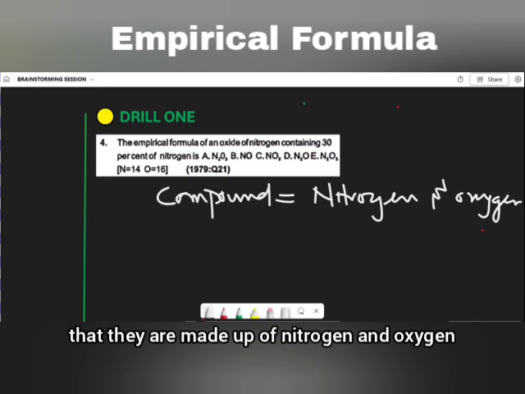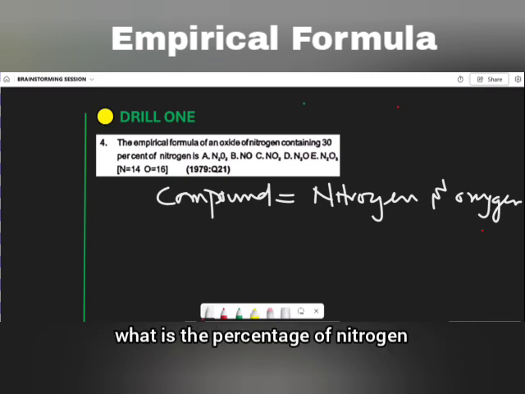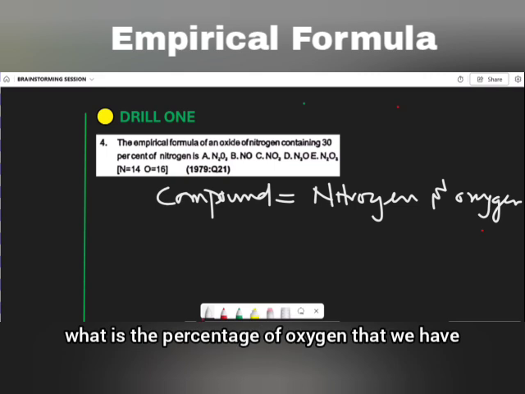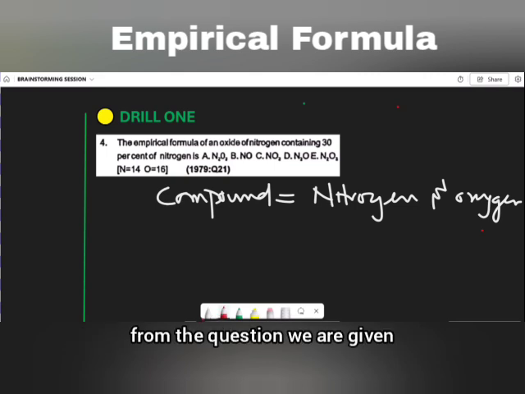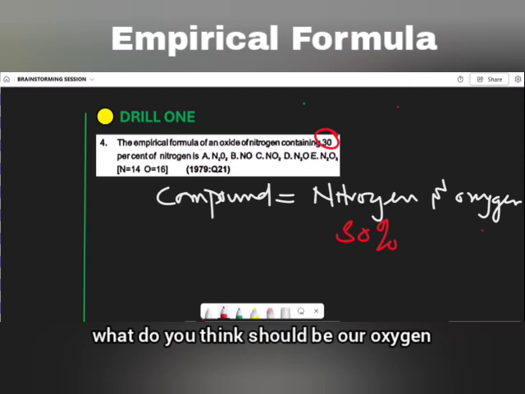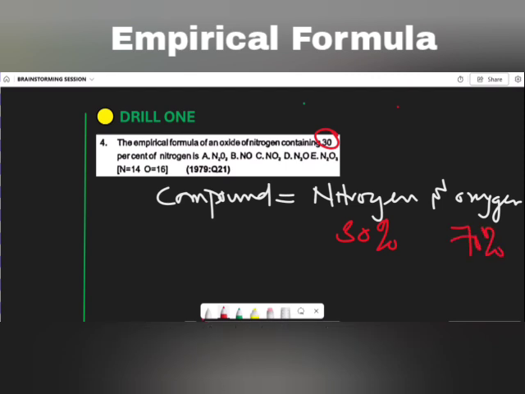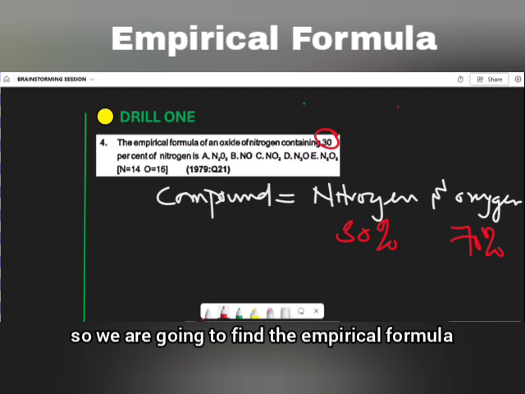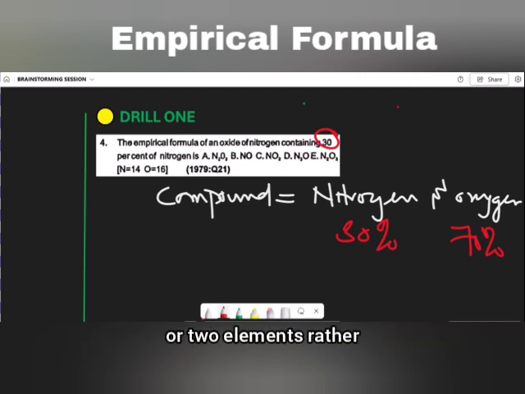So what is the percentage of nitrogen we have and what is the percentage of oxygen? From the question we are given that we have 30% of nitrogen. So if our nitrogen is 30%, what should oxygen be? Oxygen should be 70%. So we are going to find the empirical formula of these two elements.